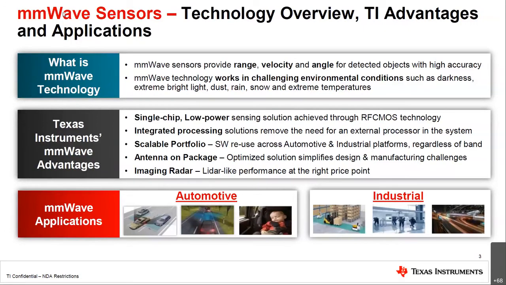Typically with several cascaded radar front ends, you can also achieve LiDAR-like performance for the point cloud at a significantly cheaper cost. Applications of mmWave sensors include both automotive and industrial applications.